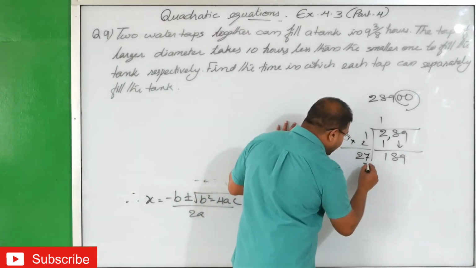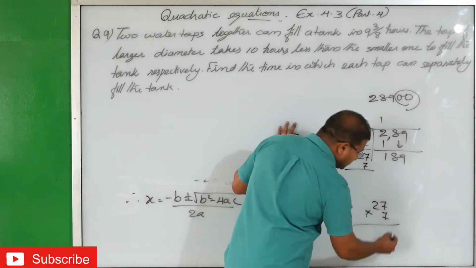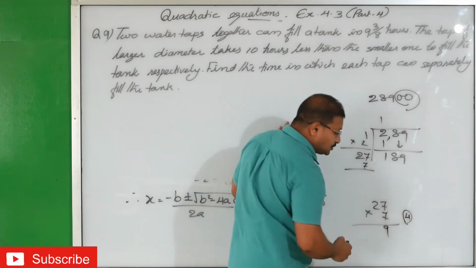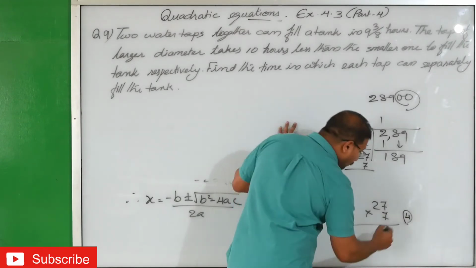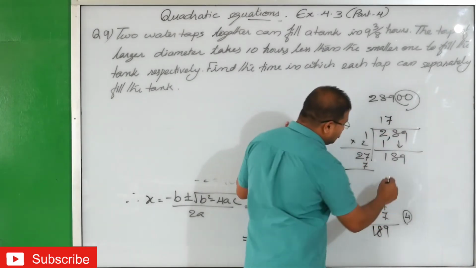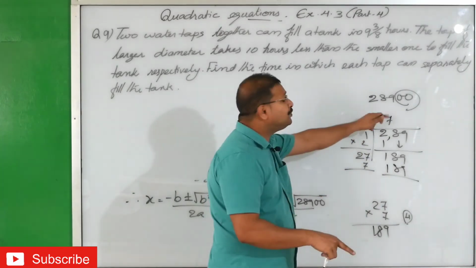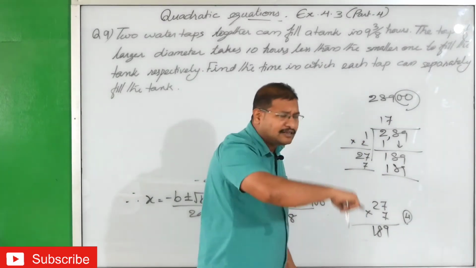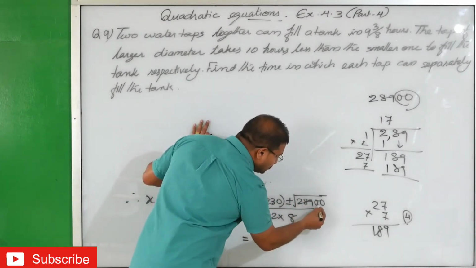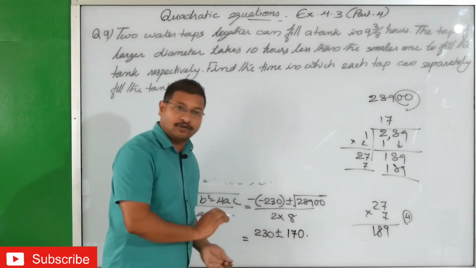By 7 you will try. 27 into 7, 7 7s are 49, 9, 4 in hand. 7 2s are 14 plus 4, 18. See? That means 7 times, so we will get 189. Otherwise, 17 square is 289. So what will you get? Square root of 28900 means you will get 17 and 1 0. 2 zeros are there, 1 0 will be taken outside.